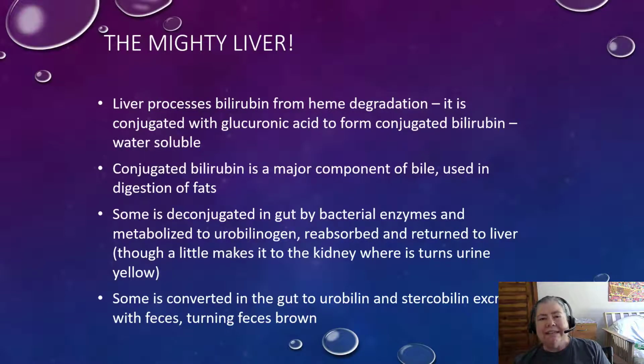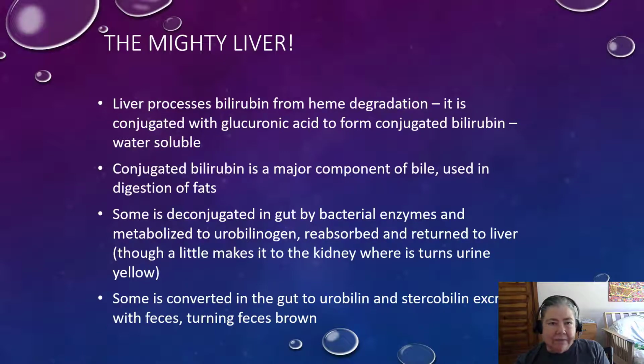The liver does tons of things, but when we're talking about digestion in the gastrointestinal tract, one of the important things that the liver does is that it processes bilirubin. Where does the bilirubin come from? It comes from the degradation of heme that is basically processed from destroyed red blood cells.